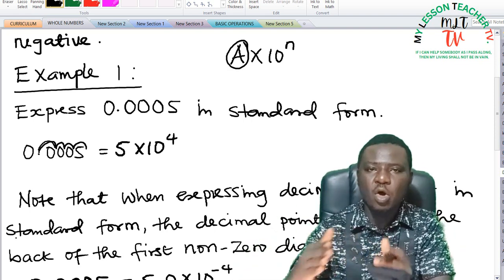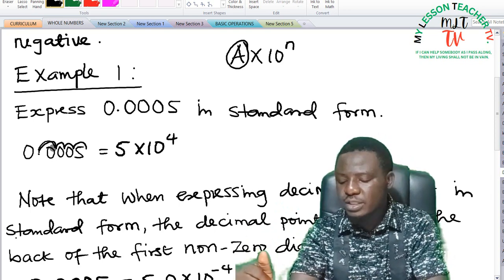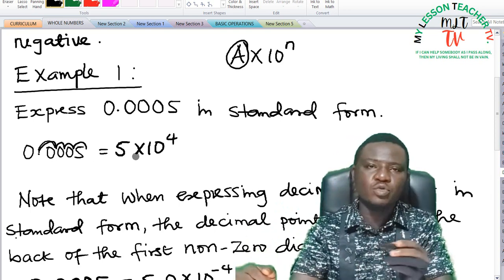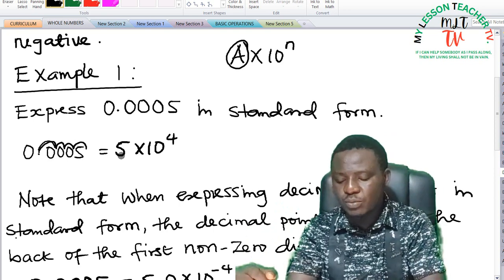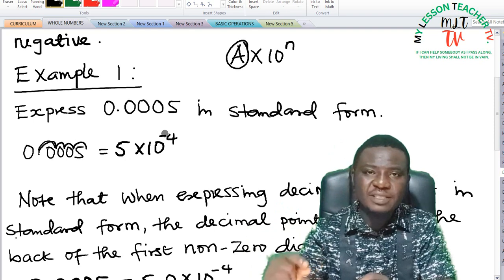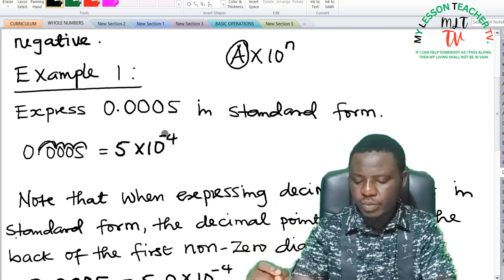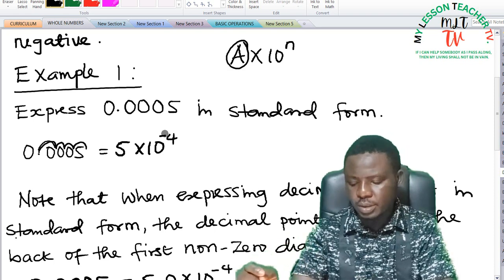So it violates the laws of standard form. So I have to move it 4 times in order for it to be in standard form, and this is 5 times 10 raised to the power of minus 4. Negative signifies that it is a fraction, which is less than 1.